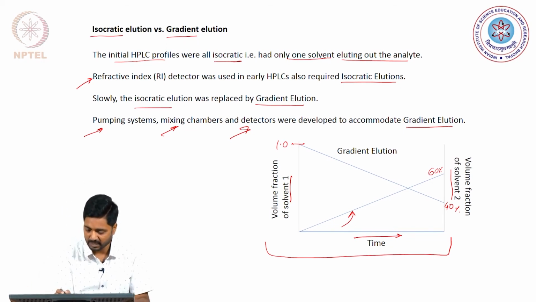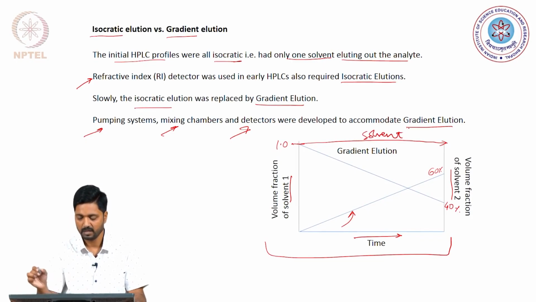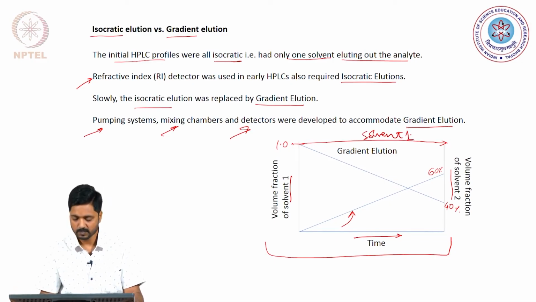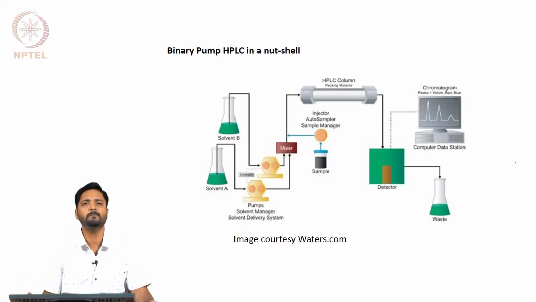The isocratic elution profile would be very straightforward. It will be simply a straight line where the solvent 1 will only be contributing all across the chromatographic time.